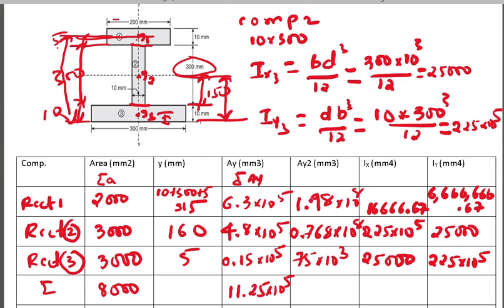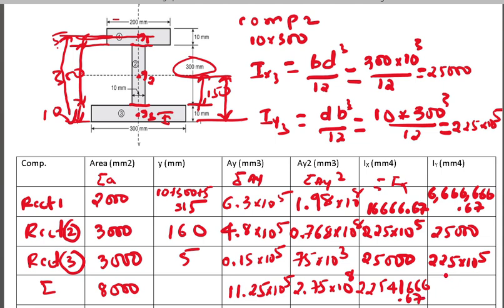In a similar way, how much will you get for summation of Ay square? The summation of Ay square is equal to 2.75 into 10 to the power of 8. And summation of Ix you will get 2,541,666.67.